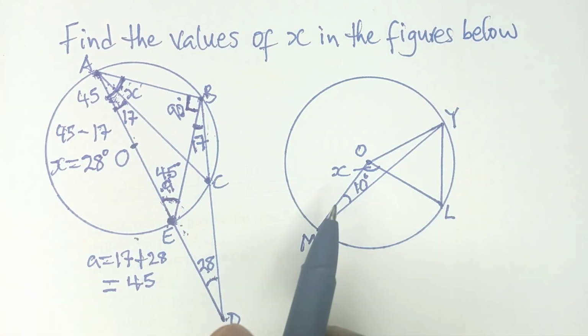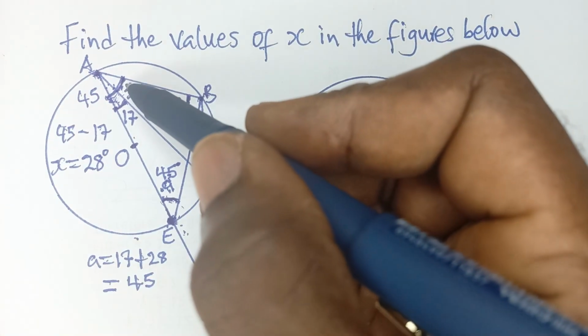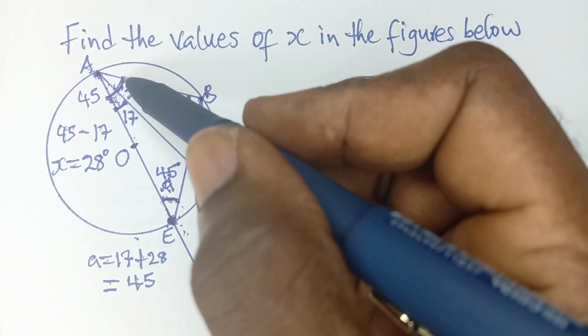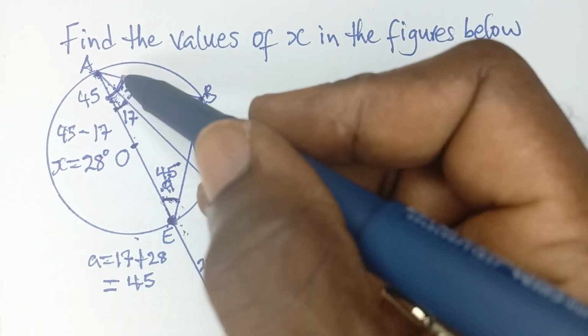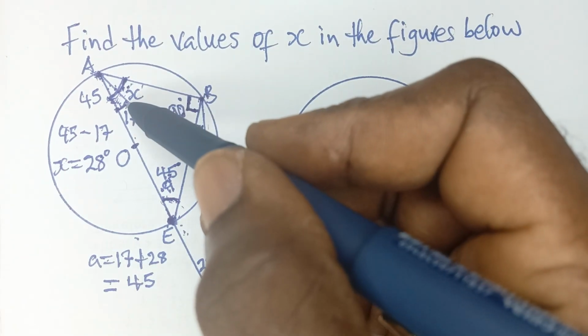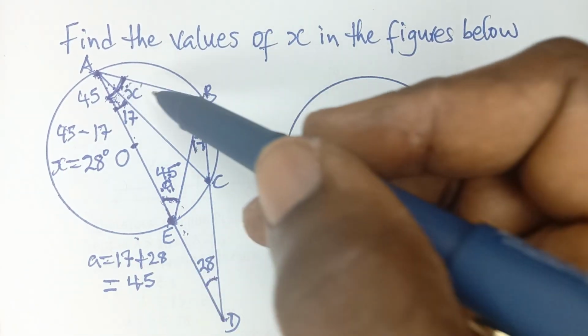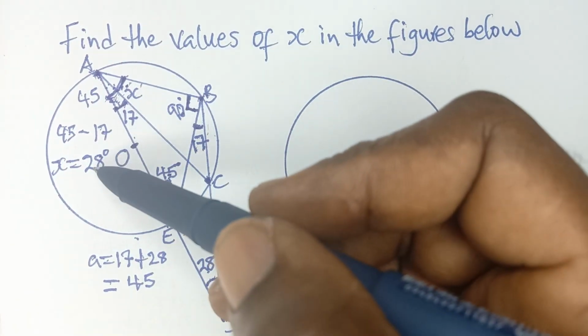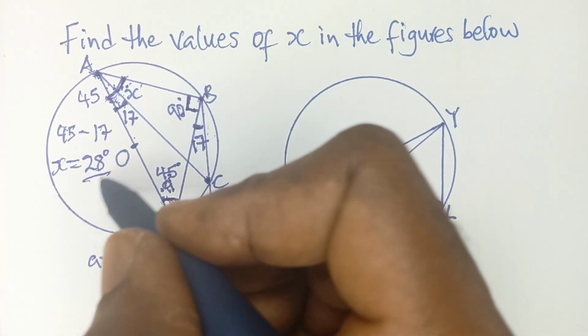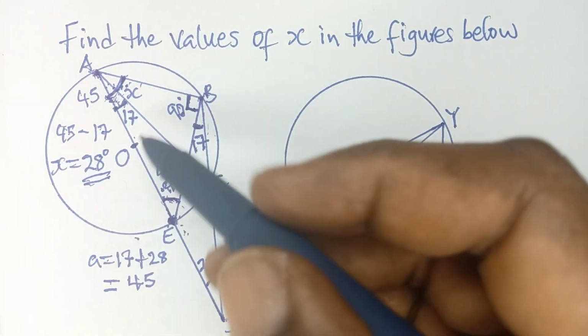So the value of x is equal to 28 degrees from this theorem here. So this full angle is 45, this portion is 17. So this remaining place has to be 45 minus 17, which is 28. And that gives us the answer for x in this first diagram.